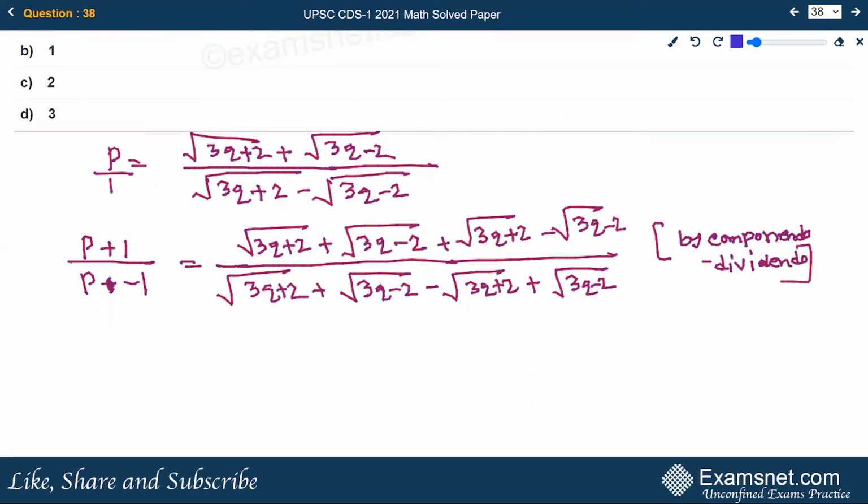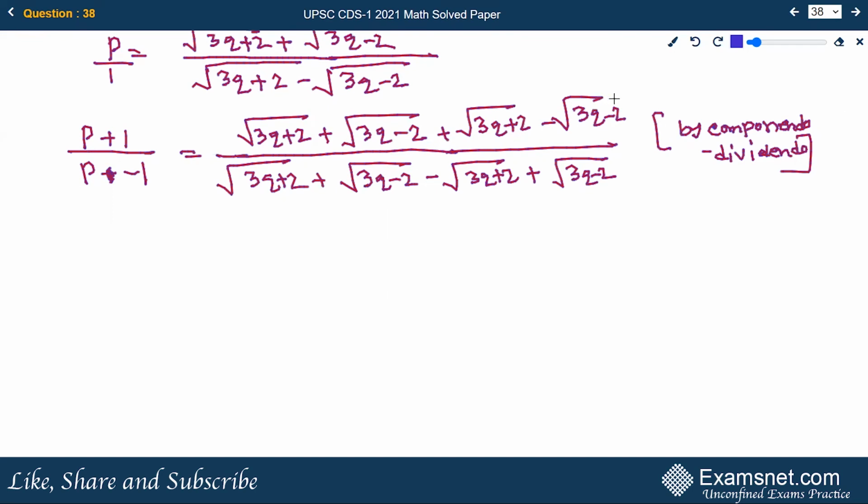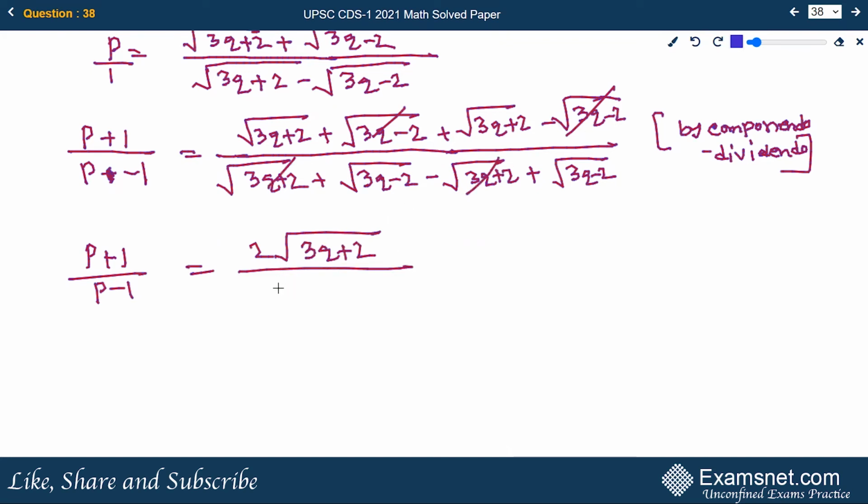Okay, that is the operation I have done here. So in the next line, P plus 1, P minus 1 will give me, both this will get cancelled. So here 2 root under 3Q plus 2 by, also this will get cancelled. So 2 root under 3Q minus 2. Again, both the Q will get cancelled.